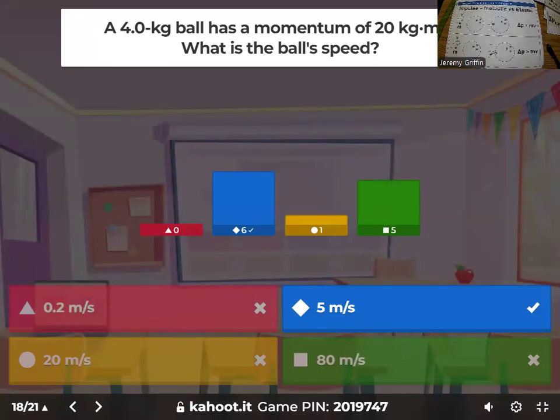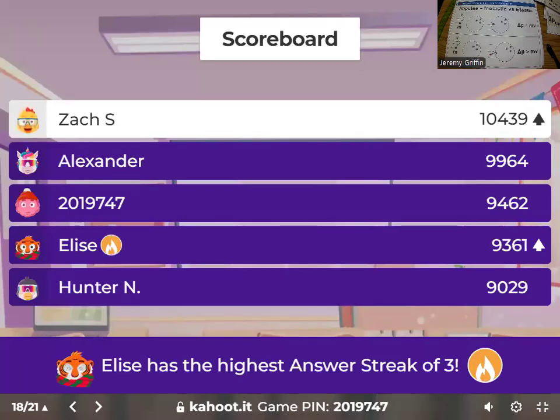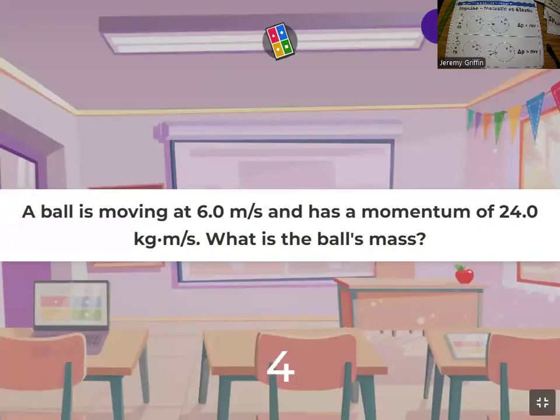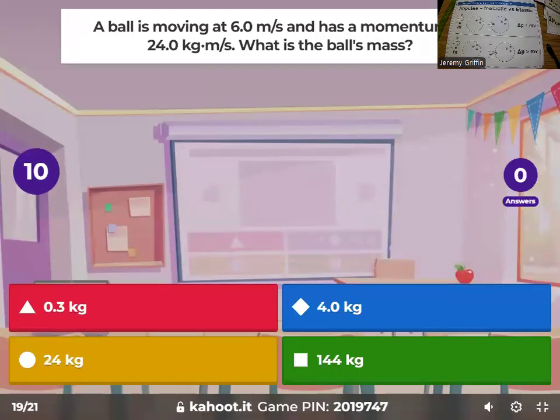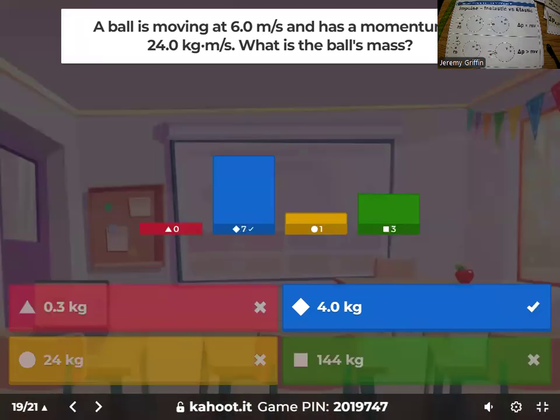A ball's moving 6 meters per second and has momentum 24 kilogram meter per second. What's the ball's mass? 4 times 6 is 24. You guys got 4 times 6 is 24?